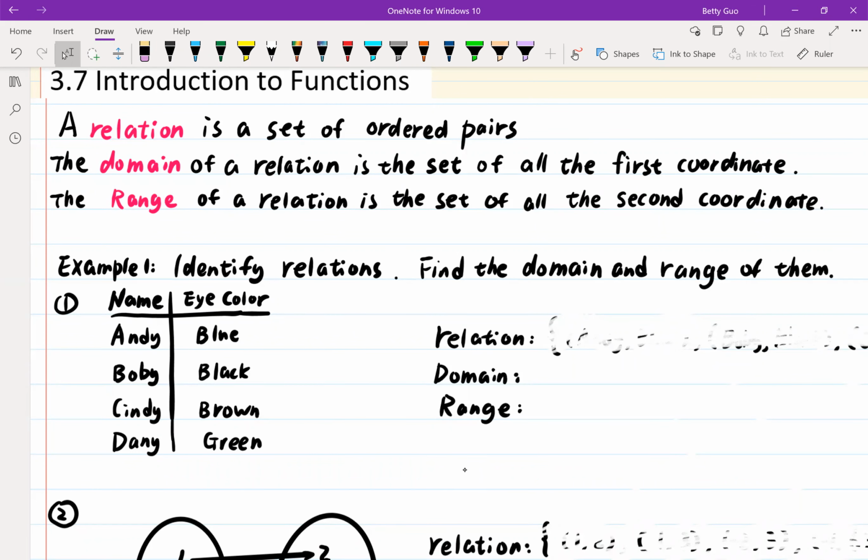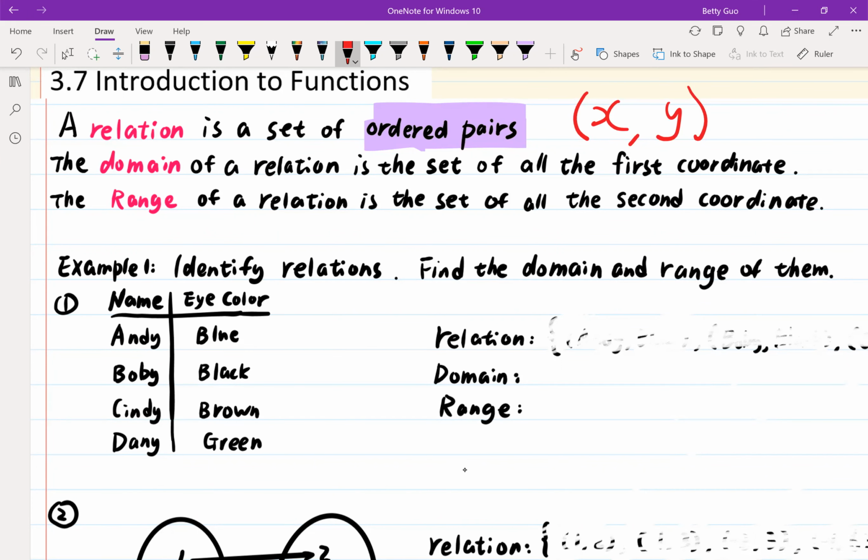What is an ordered pair? I should explain this part. A pair of gloves, a pair of socks, means it has two pieces, two components. So in algebra, we use parentheses to represent ordered pairs.